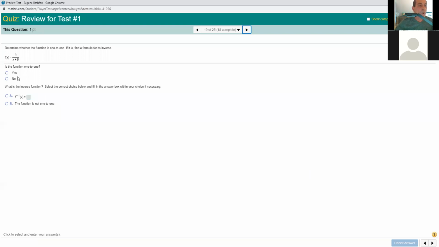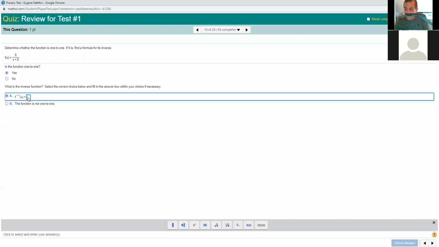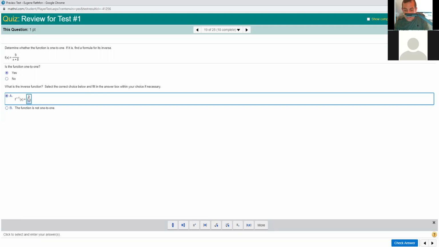All right, so it was 1 to 1, and then f inverse of x equaled 9 divided by x, and then arrow over, and then it was what? Minus 8. Okay, so then that was 19. We get to move to 20.